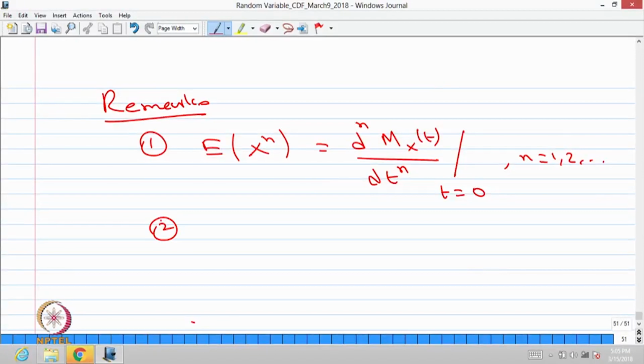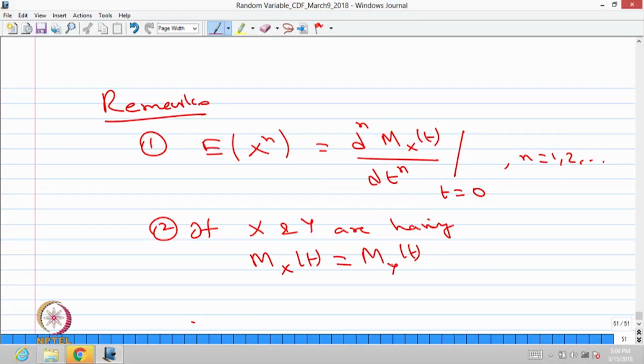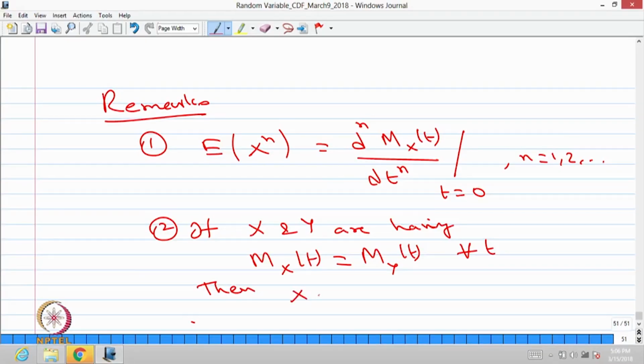The second remark: if two different random variables have MGFs that are the same for all t, then one can conclude both random variables have the same distribution.